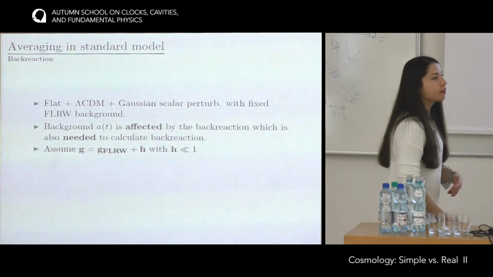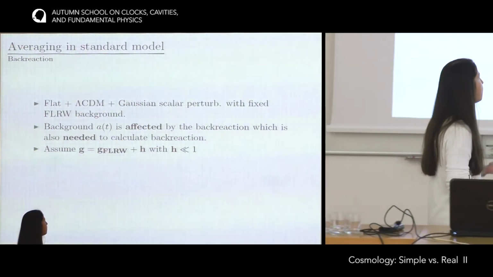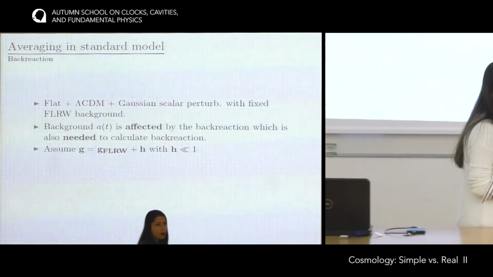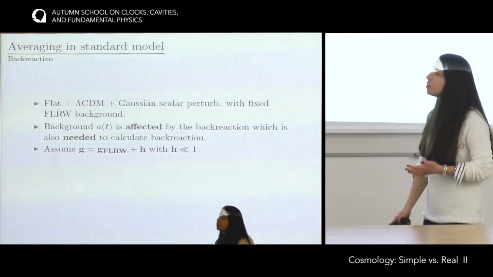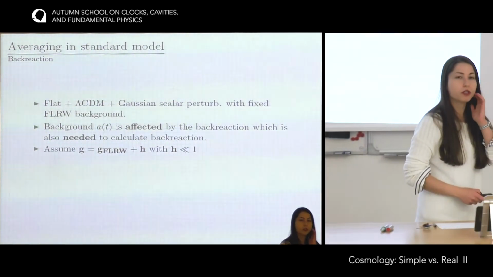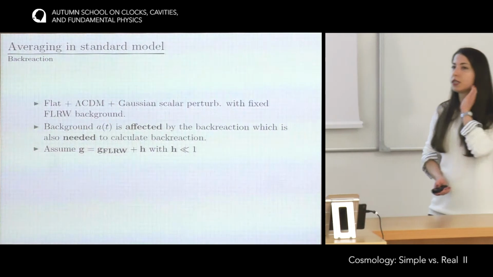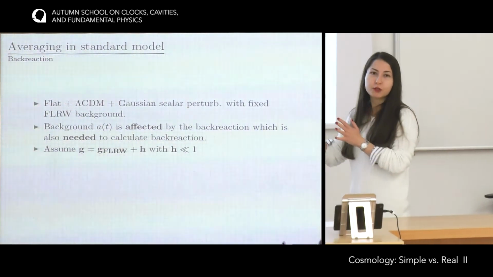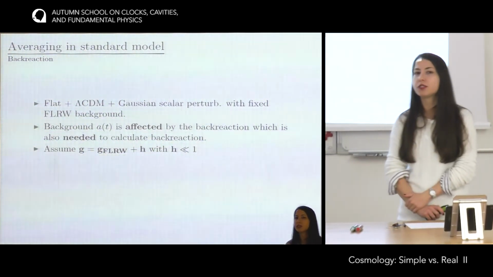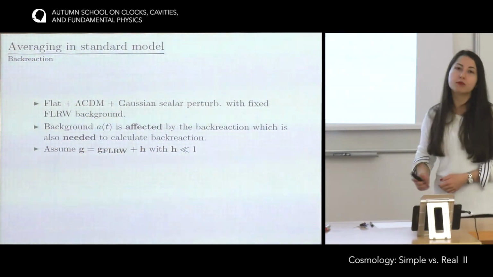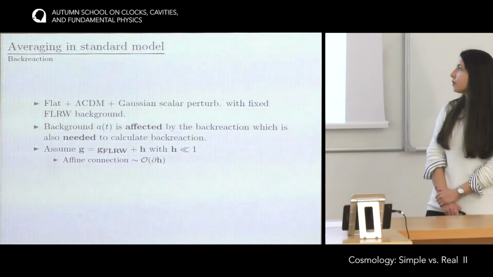So assume that you have this perturbed geometry, FLRW being the background, and you have small perturbations. That's what people assume, even for today. That was true in the early universe, yes, but as I showed you in the pictures, that might not be the case for today. But let's say it is small even today.